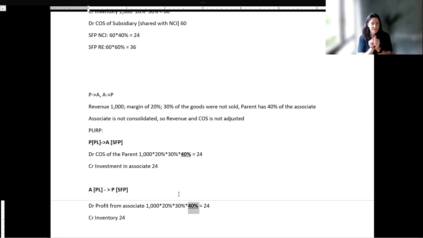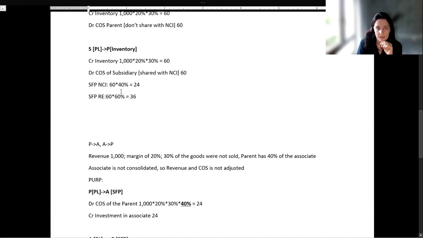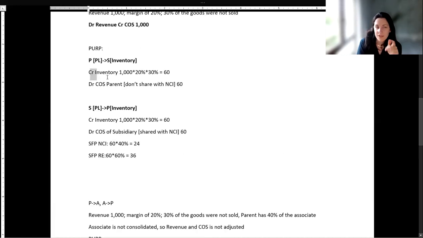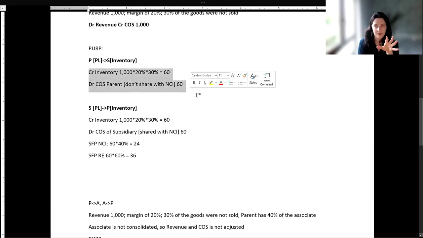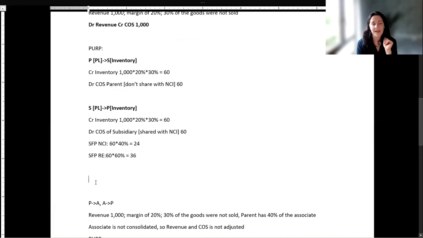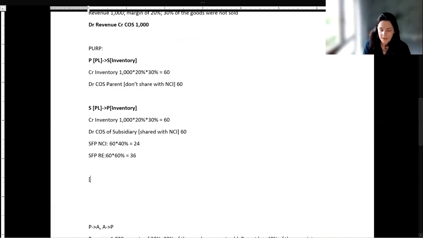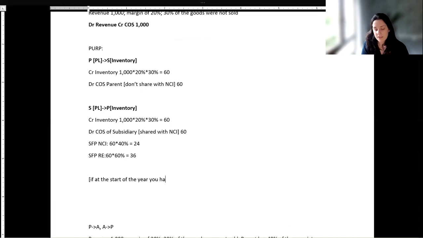Now, one tiny exception that can be, which is not tested super often, but so that you are aware of. When you make an entry, actually, you need to make an entry for the difference. So let's say on the start of the year, you had PURP of, let's say, $10.